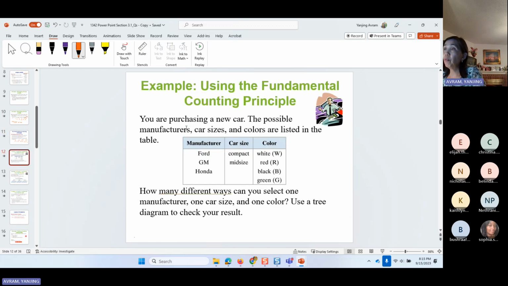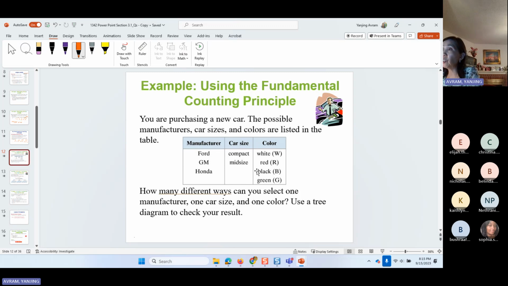All right, so in this one, you are purchasing a new car, right? So you have this many choices. You have a manufacturer choice, the Ford, the GM, the Honda. Okay, so all those, say Honda, GM, and then some kind of automaker. On the car side, you have a compact, you have a mid-size, and then you have all different colors to choose from.